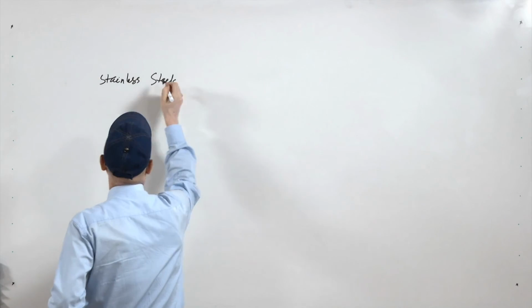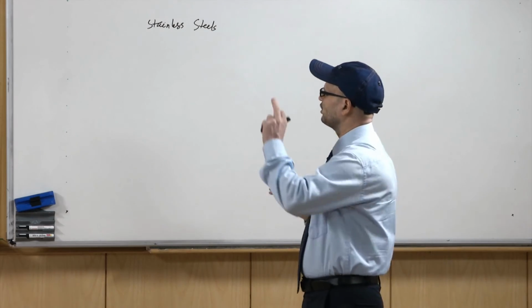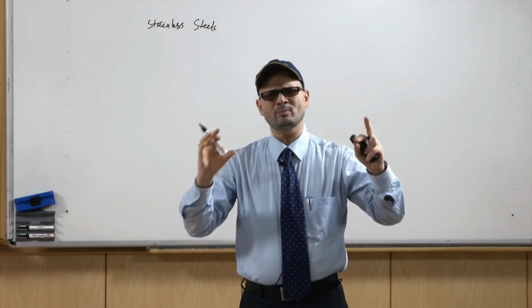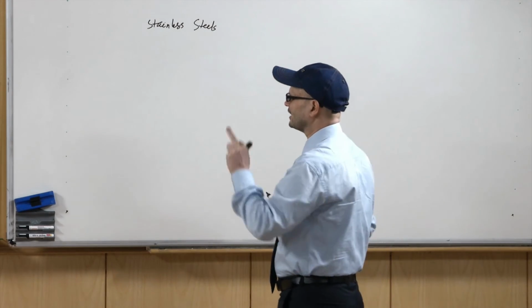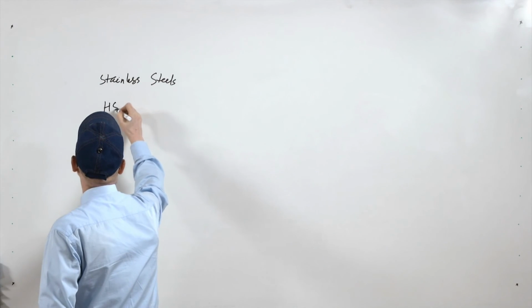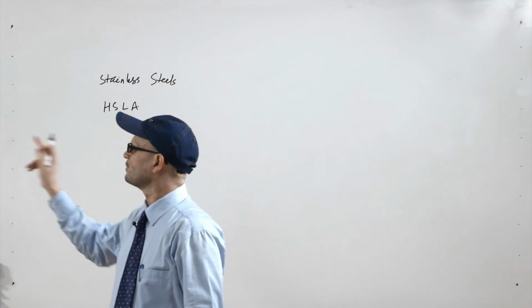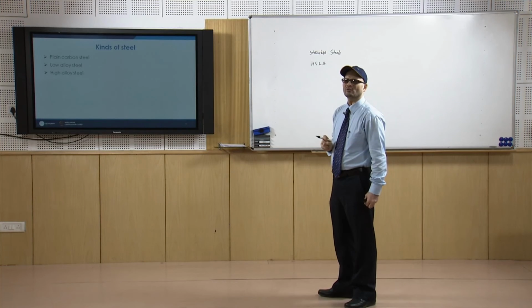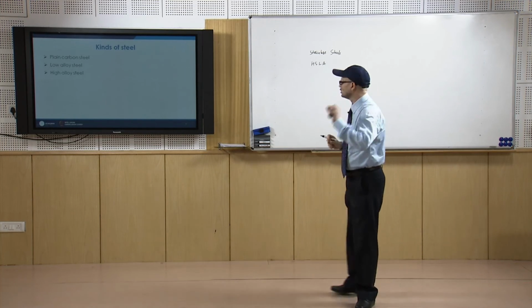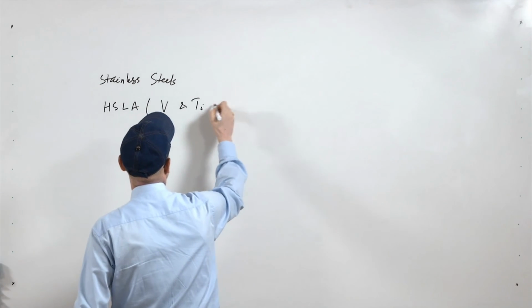Chromium and nickel are the principal alloying elements there, because they form a layer of chromium oxide that makes it stainless. You may also have varieties like HSLA, high strength low alloy steels, which come under the category of low alloy steel, where vanadium or titanium is used as grain refiners.